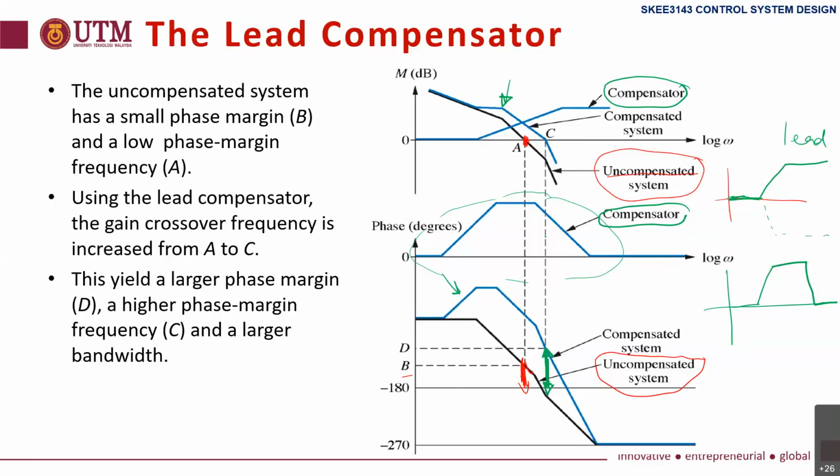So this is how the lead compensator can be used to achieve both: increasing the gain crossover frequency and also increasing the phase margin.